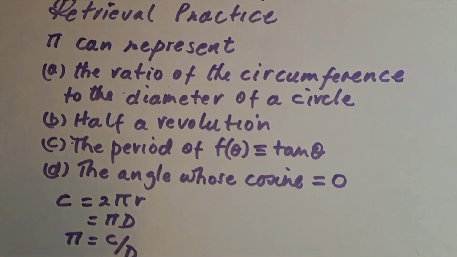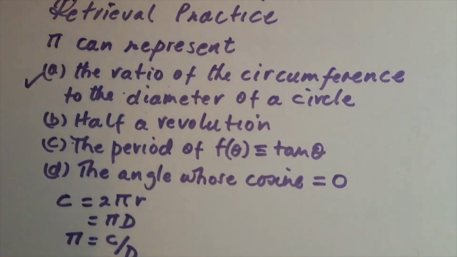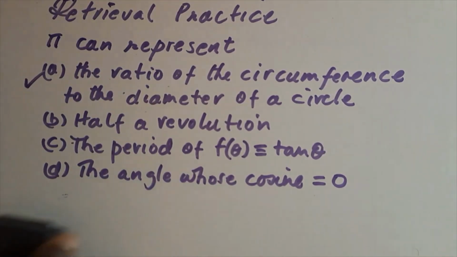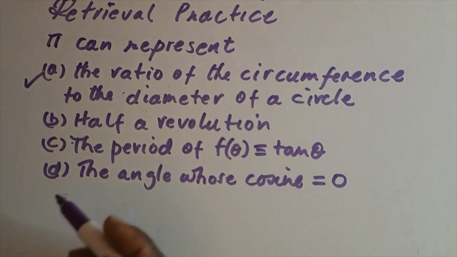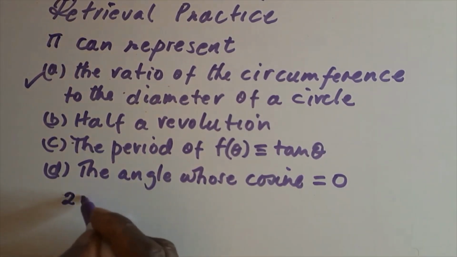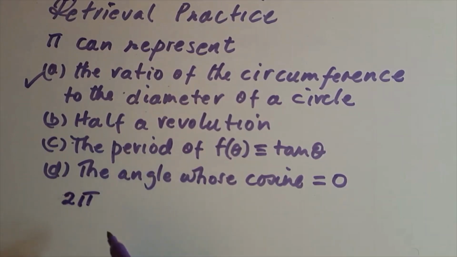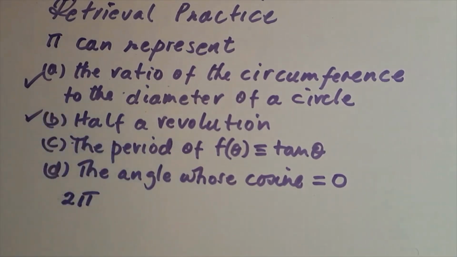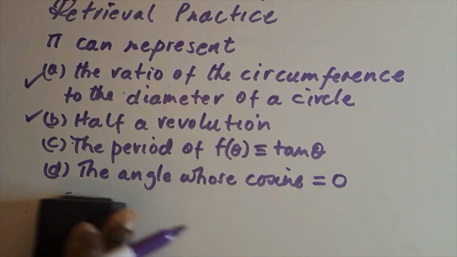So that indicates that A is a correct statement. What about B, half a revolution? We know a full revolution is 2 pi, so half a revolution is half of that, which is pi. So B is also correct.